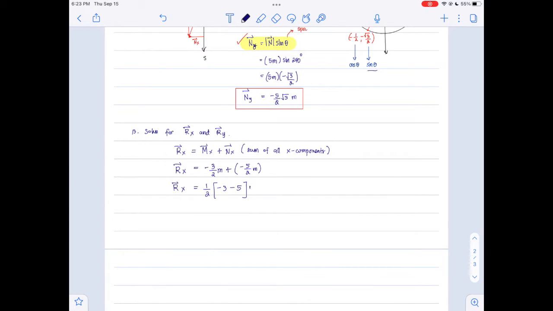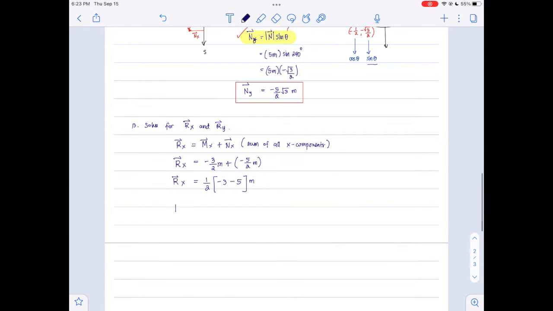Now your resultant in x is equal to 1/2 multiplied by negative 3 minus 5. That is just negative 8, and simplifying further gives negative 8 over 2, that is negative 4 meters. And so your Rx is negative 4 meters.